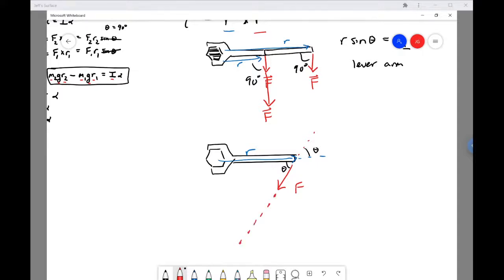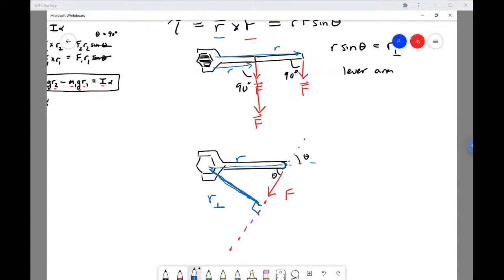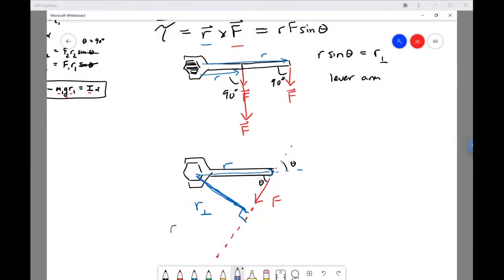You can imagine a perpendicular line between the axis of rotation and that line that goes to the force. And if you think about the geometry here, the length of this line is the same thing I was calling R perpendicular up there. It's equal to R times the sine of theta.